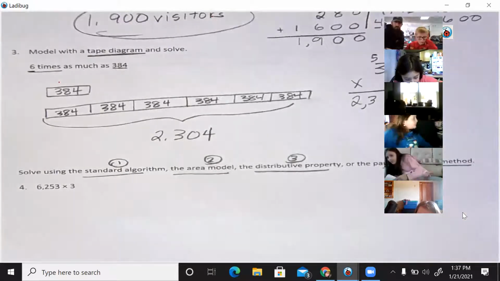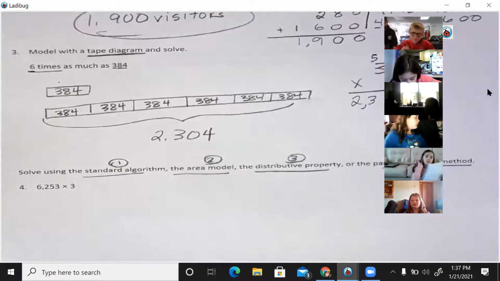So instead of doing all 4 of them, we're going to get into a breakout group. Your breakout group will only use 1 method to solve. So we're going to have 4 groups. Let's see how big our groups would be. 5 to 6 people per group.